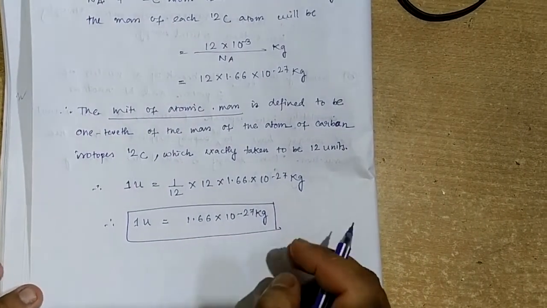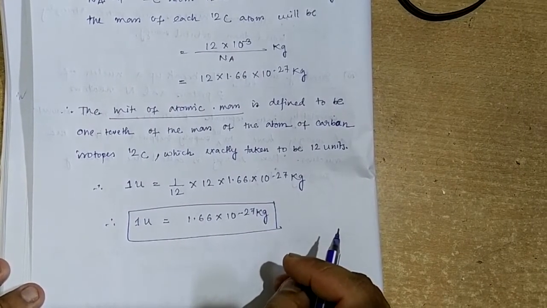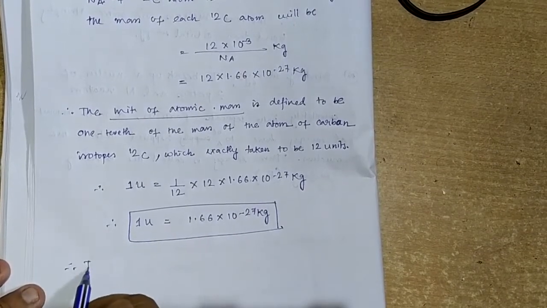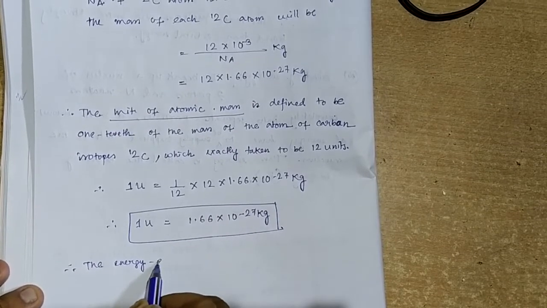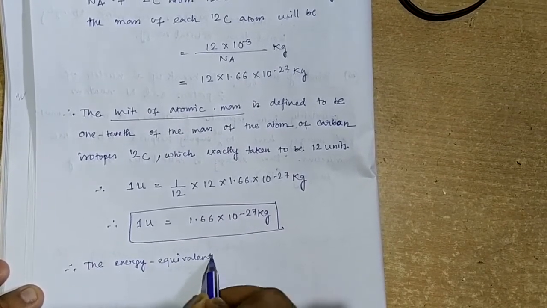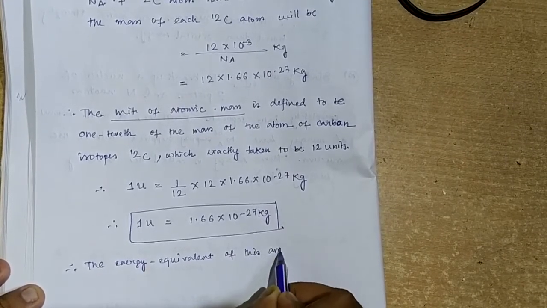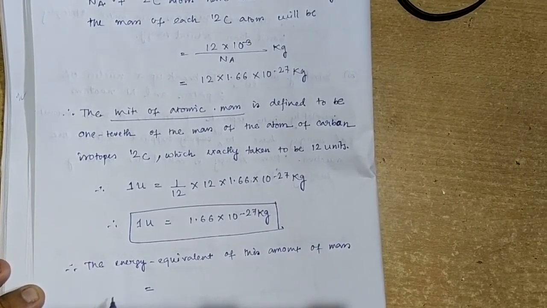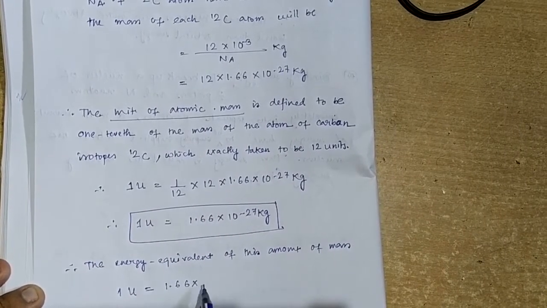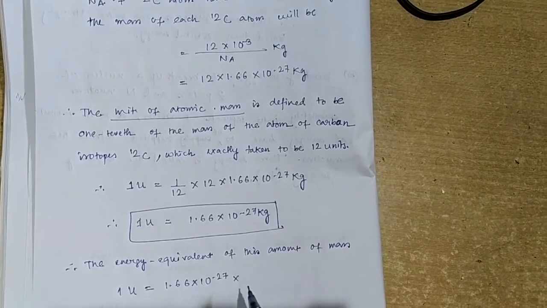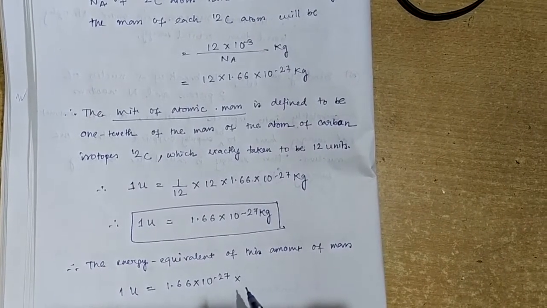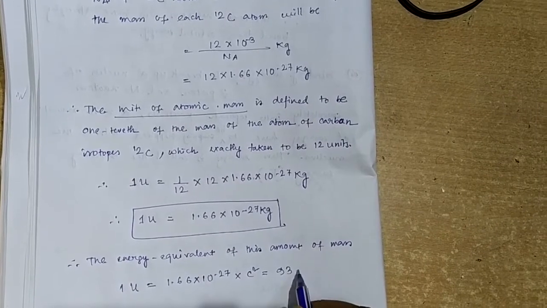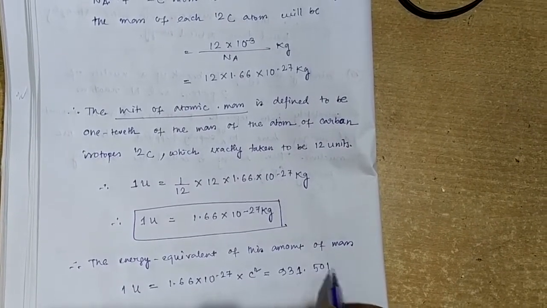Now, from the energy equivalence principle of STR, the energy equivalent of this amount of mass will be, that is 1 u equal to 1.66 into 10 to the power minus 27 into c square, and if we put the value of c, it becomes 931.501 MeV.